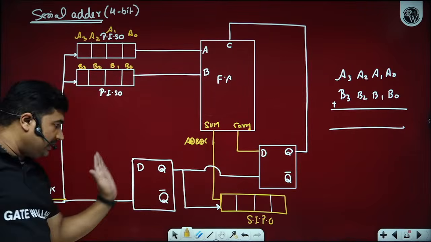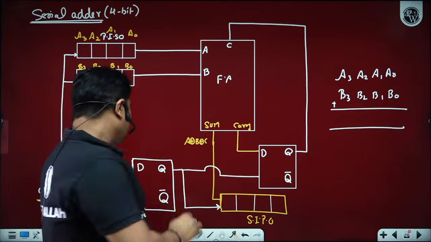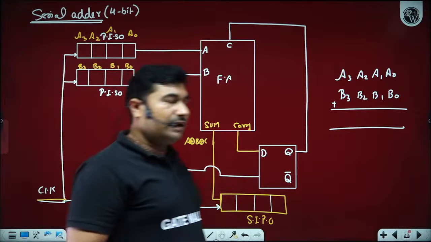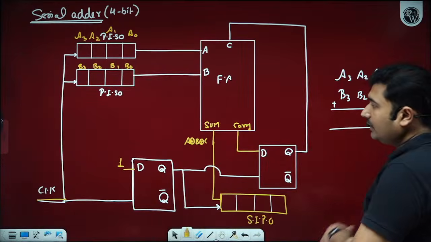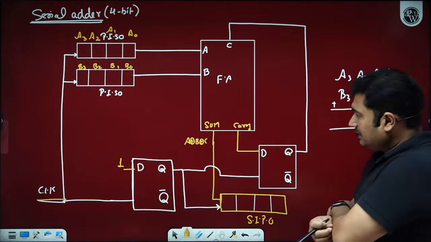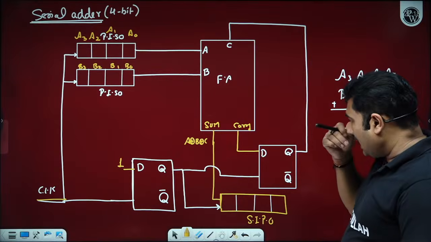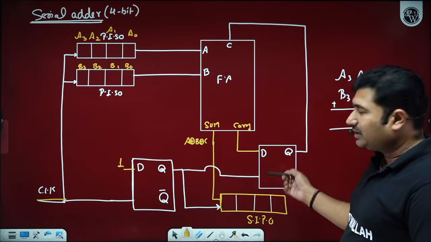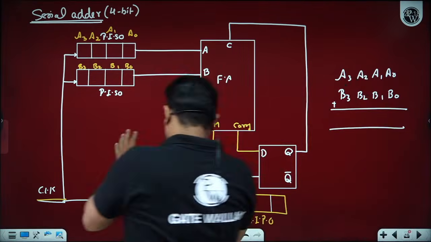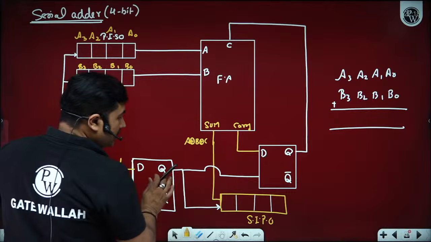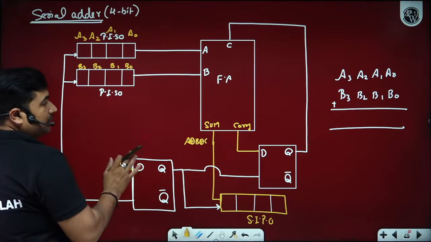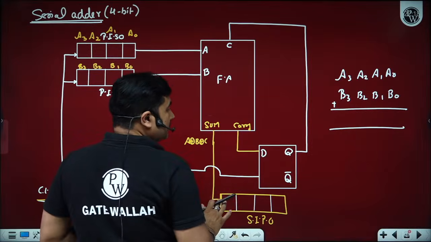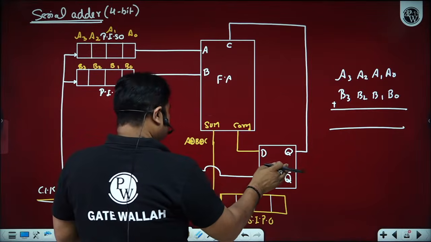After a small delay because of this flip-flop, it gets logic 1. Now, after a delay, this flip-flop will work. You can even use a NOT gate instead of using this entire flip-flop. After a delay, we get the clock on this as well as on this. So this will give you logic level 1.